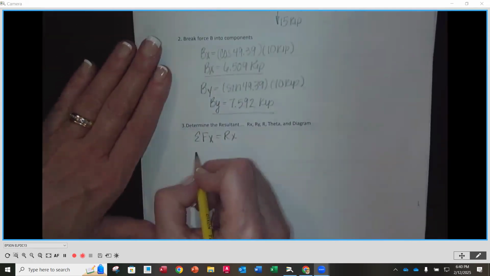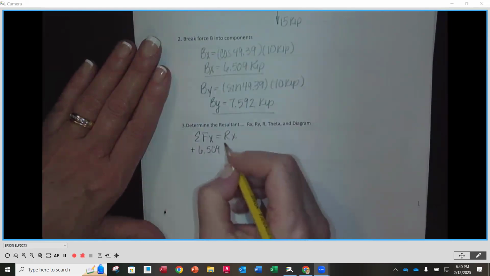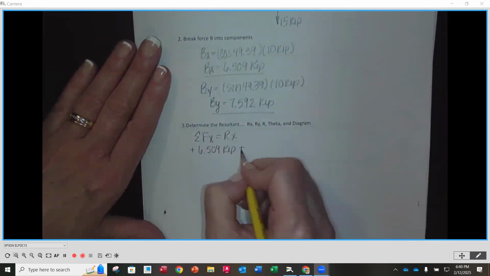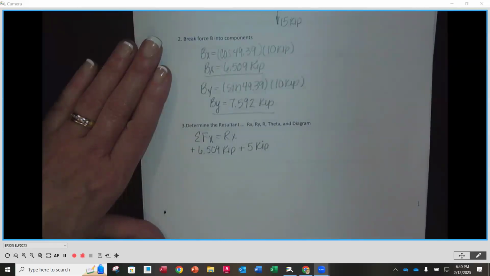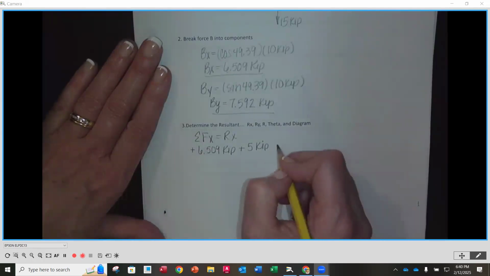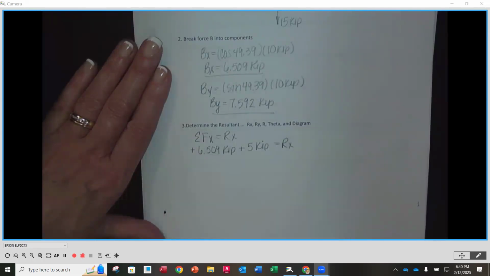So I'm going to say a positive 6.509 kips plus 5 kips. That is my sum of the forces in the X, equal to Rx. This is an equation. It has an equal sign. It has two sides. So make sure that you write that. Do not just go right to adding those two together.